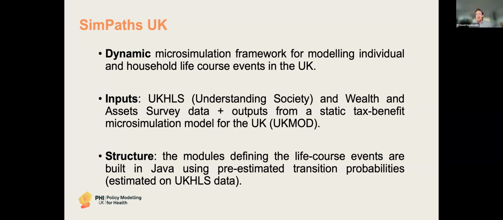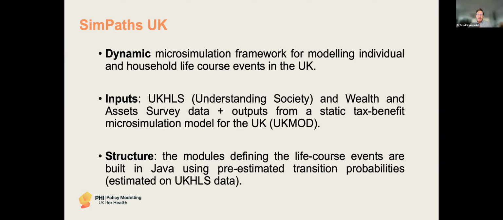UKMod is a static tax benefit microsimulation model for the UK. In practice, it returns for all households the tax due and, of course, the net disposable income. By combining these three sources, we obtain an exhaustive initial population that serves as input for the model.